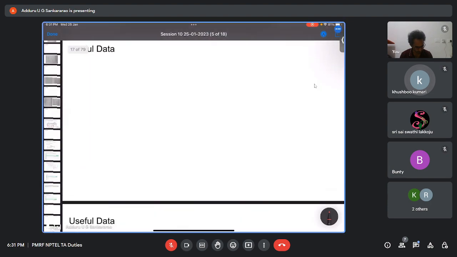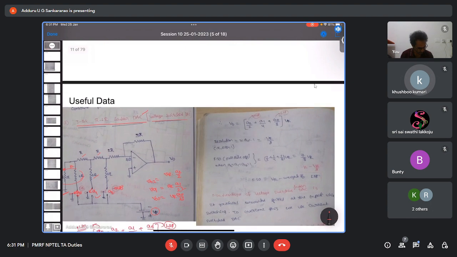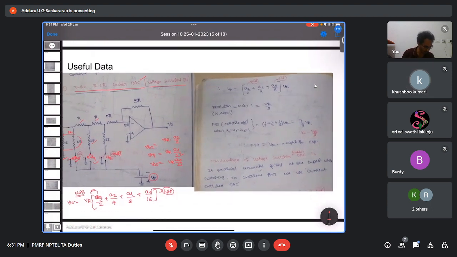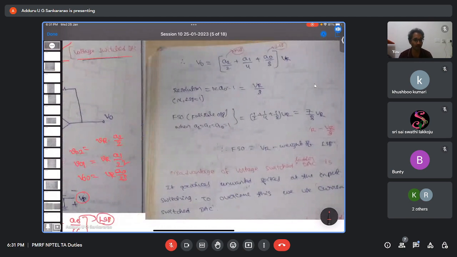So this we have seen, and for any DAC, if they ask you to find out the step size or resolution, what you need to do, I already told, right?